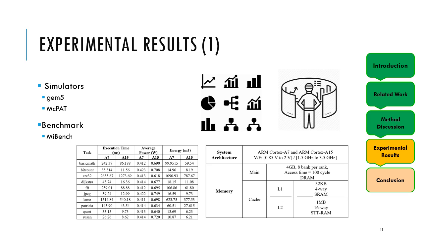Until now, we discussed briefly prominent standby sparing and task replication methods. Here, we will show our experimental results. For this purpose, we used Gem5 and McPAT simulators. The Gem5 simulator is responsible for defining the system model.